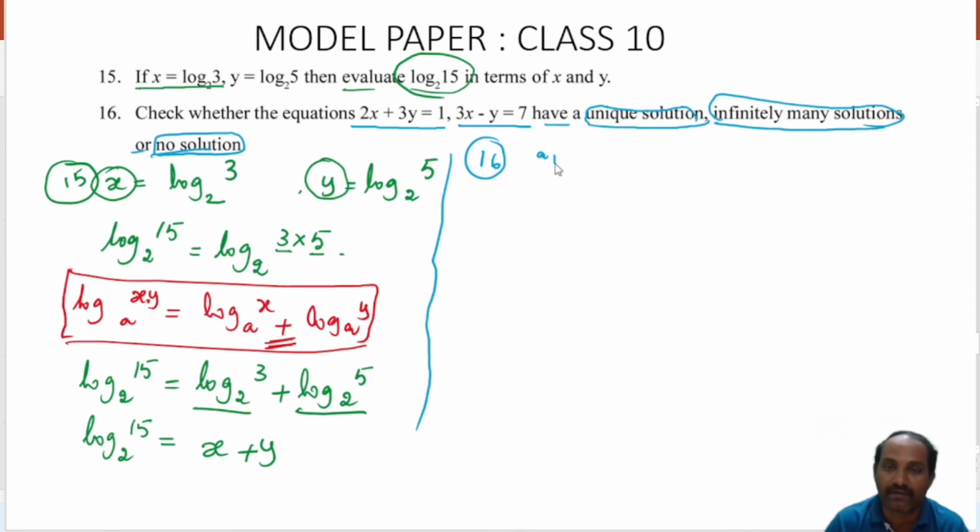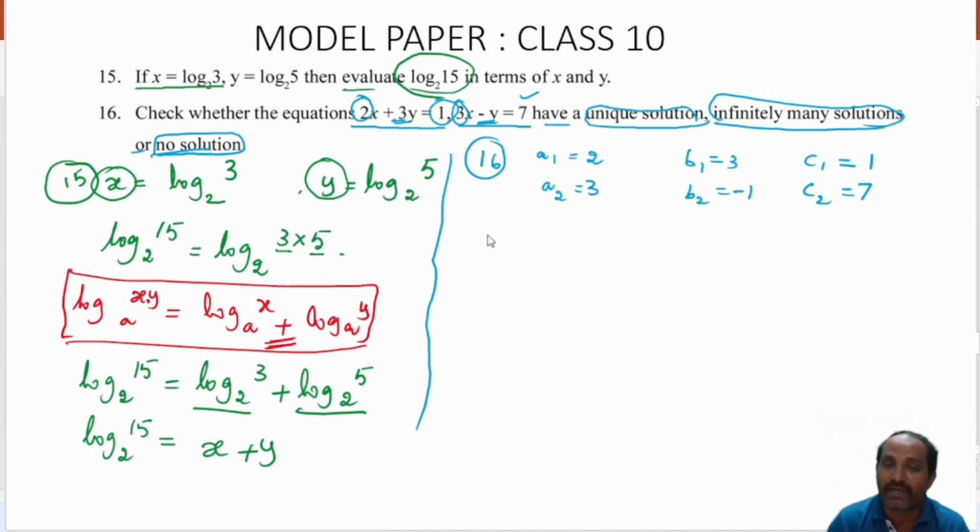Now what is a1? a1 is equal to 2, a2 is equal to 3. Like that, b1 is equal to 3, b2 is equal to minus 1, since nothing is written there means 1. Then c1 is equal to 1, since it is on the right hand side, and c2 is also on the right hand side, so we take 7.